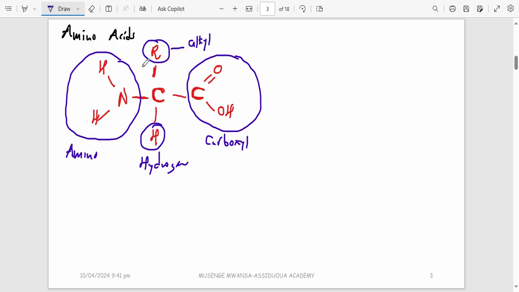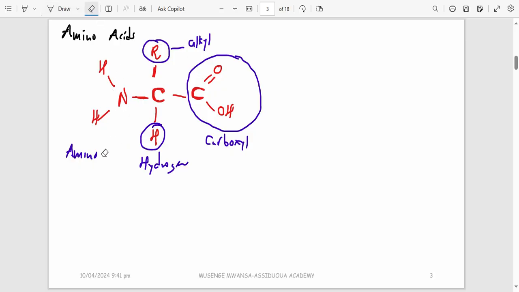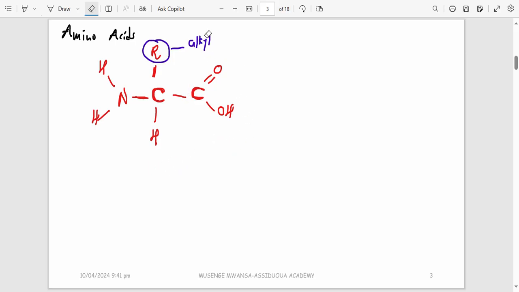It's basically a chain of carbons bonded to hydrogens. Now this alkyl group can differ, and it is going to be the one that determines the function of that amino acid. Very, very important. The differences in the R group determine what type of amino acid you have.